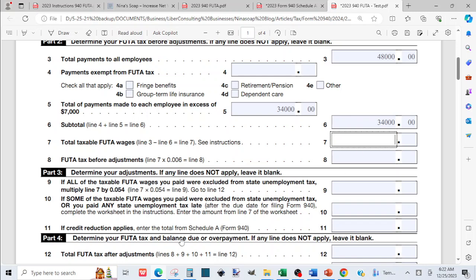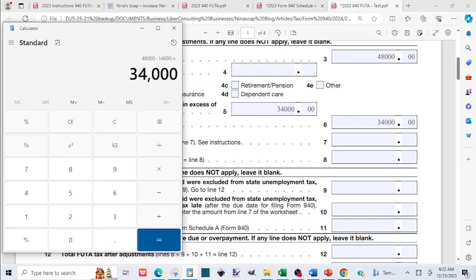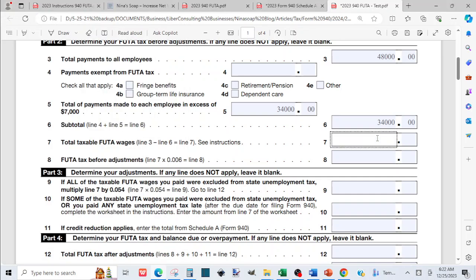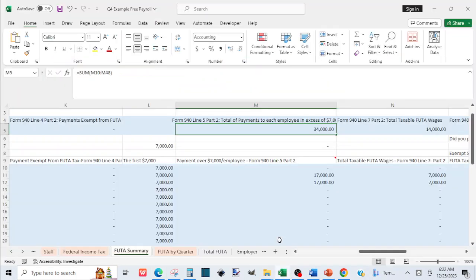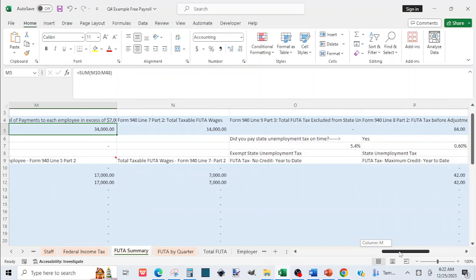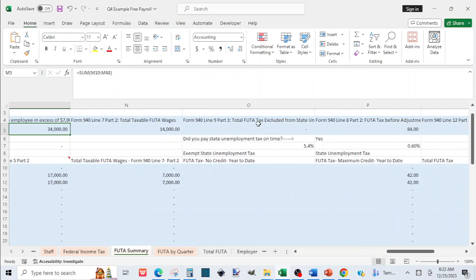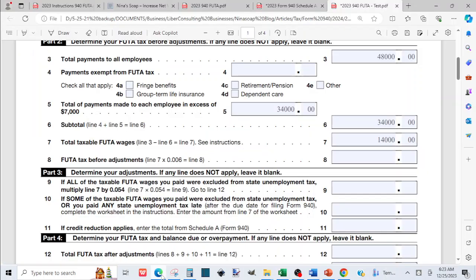So you get the calculator, and it's 48,000 minus 34,000, which is 14,000, and you'll enter 14,000 on line 7, and we can double check that. Let's see if we have anything on here. Okay, so we didn't even calculate that on the spreadsheet.